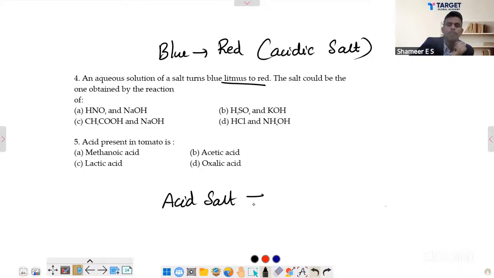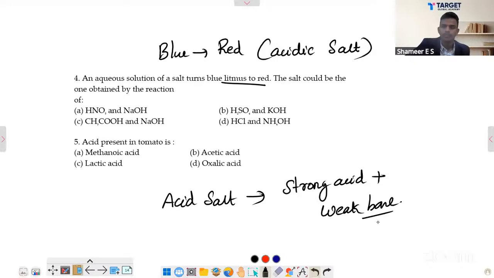Salt is formed by the reaction of acid and base. An acidic salt is formed only when a strong acid reacts with a weak base. Okay, HNO3 is a strong acid, but here the base is also strong, so this is not your option.